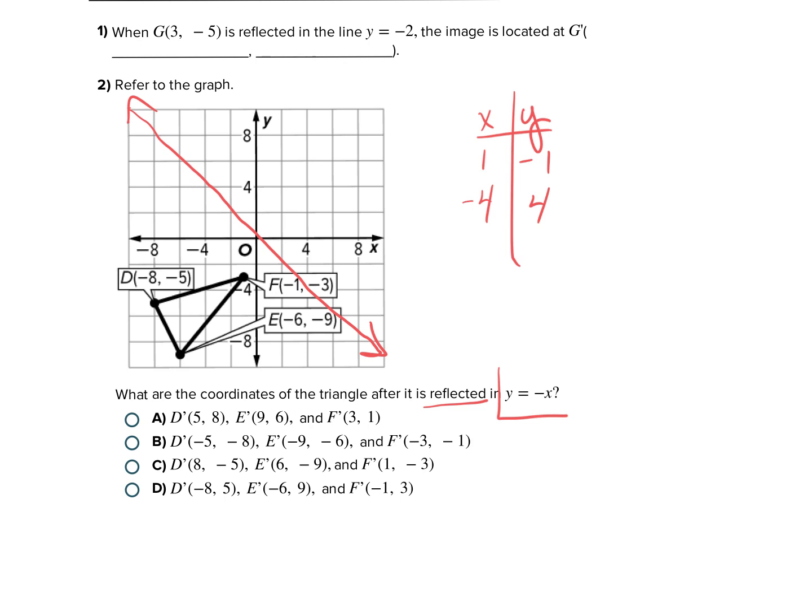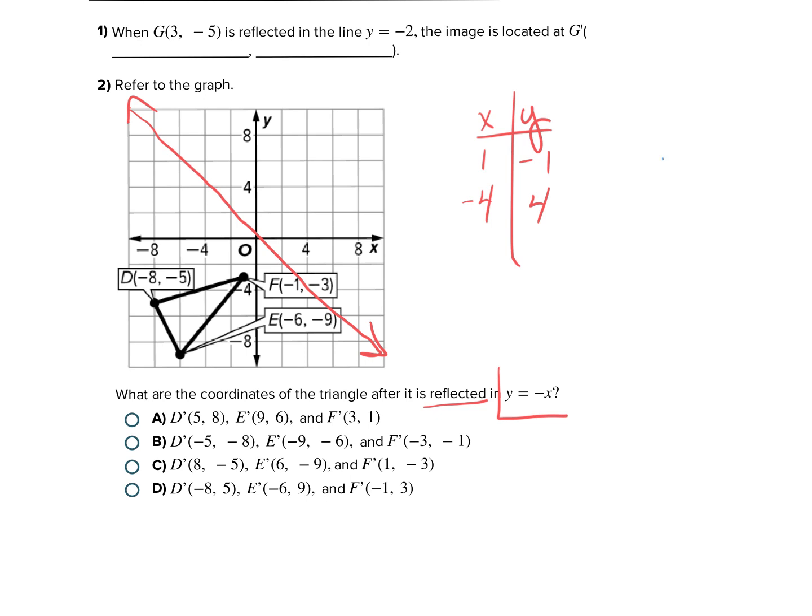Okay, so this line's a little different in terms of reflection because it's diagonal, not straight up and down or across. But we're still going to count, and it's still going to be equidistant. So the difference here is that we count twice.